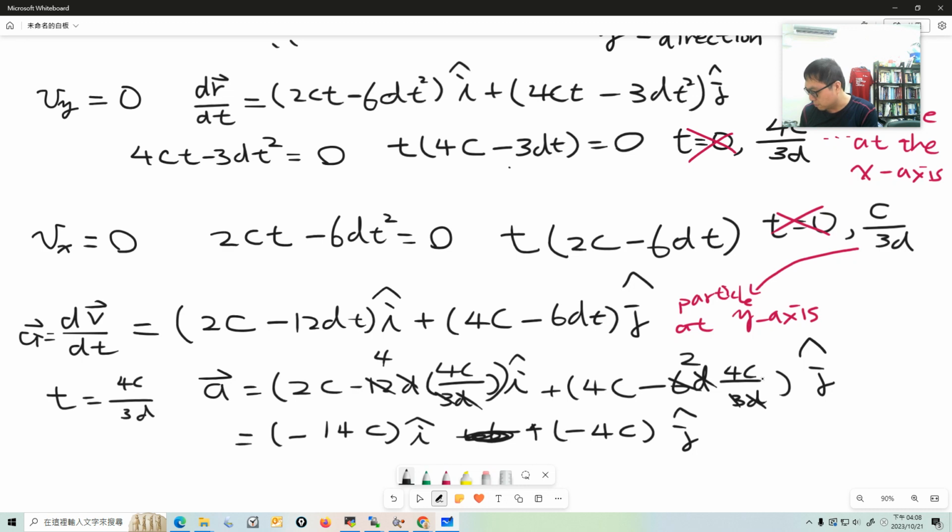Let me check the calculation again: 4c minus 6d times 4c over 3d, 4c over 3d is 2, so minus 4.